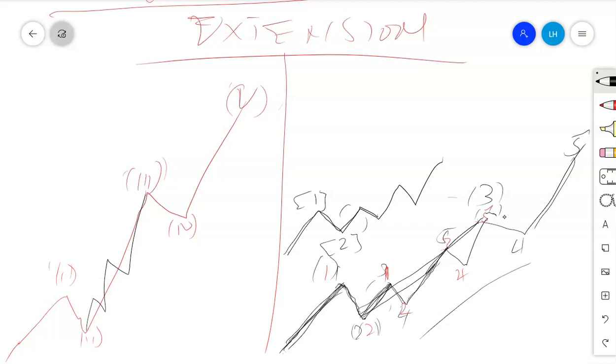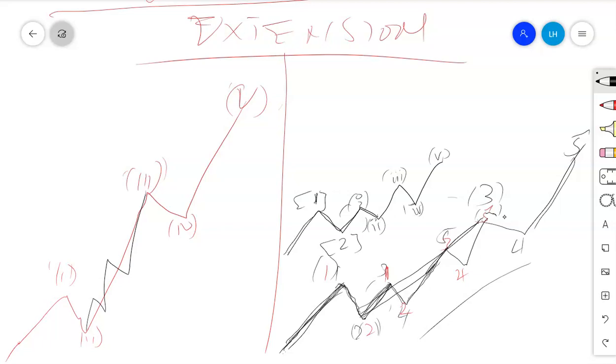Then we'll have this wave number 1 in an internal degree. Then wave number 2 in an internal degree. Then wave number 3 in an internal degree. Then wave number 4 in an internal degree. Then wave number 5 in an internal degree, or the lower degree. Now after completion of this wave number 5 in a lower degree, the next move will be in a higher degree.